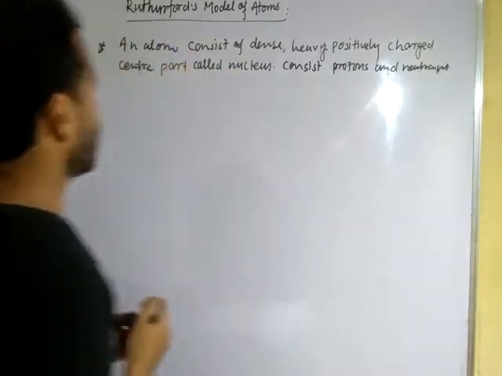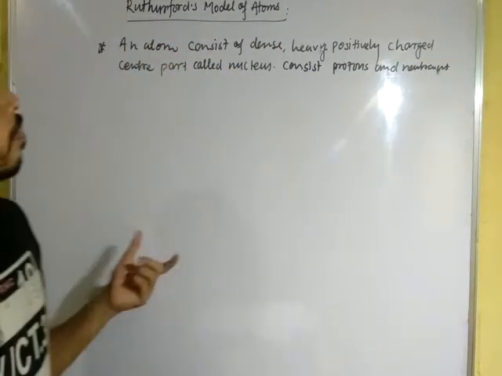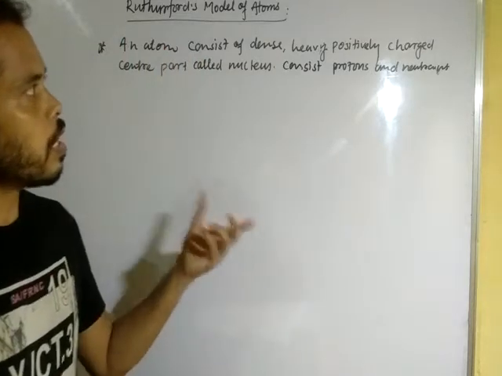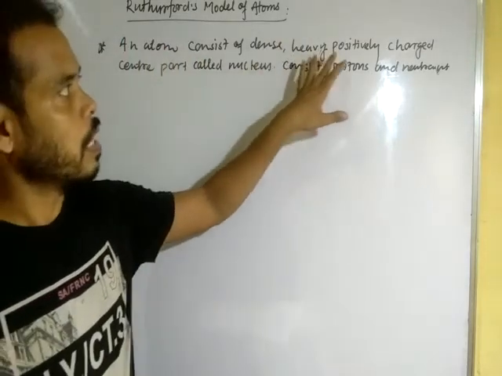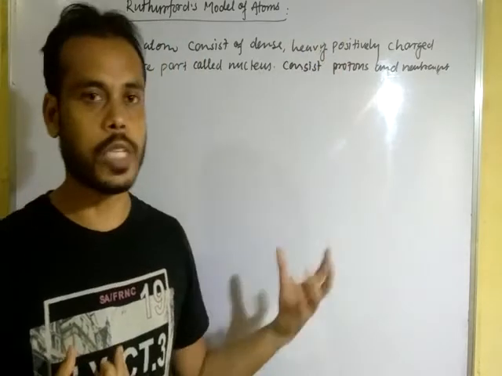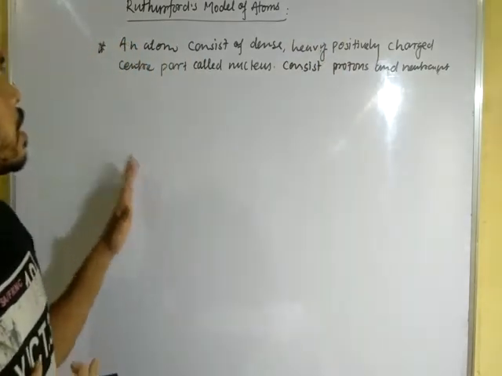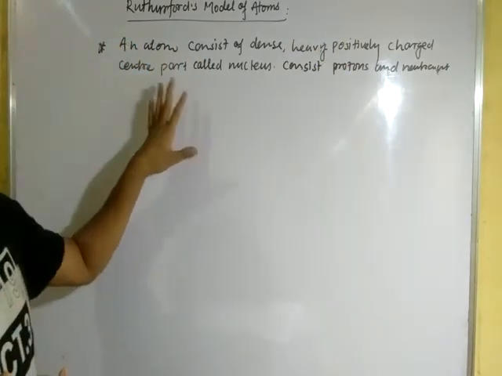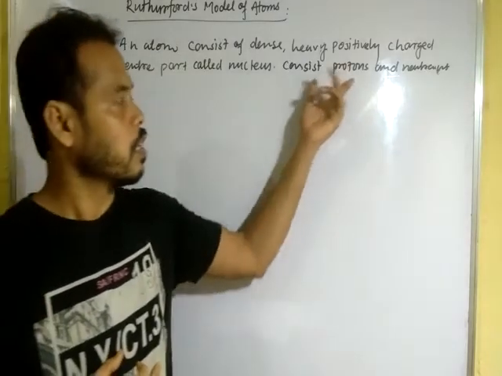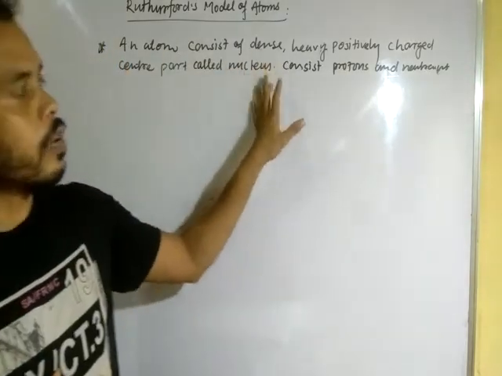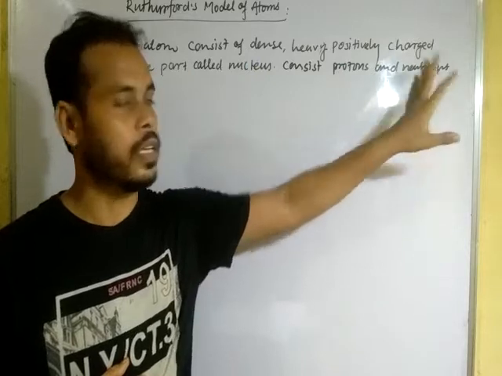That means an atom has a center part which is dense, heavy and positively charged, and this part is called the nucleus, and the nucleus contains protons and neutrons.